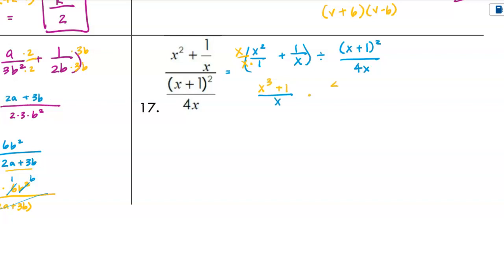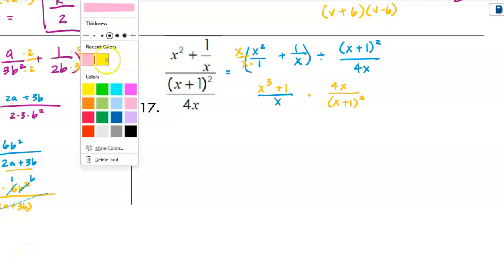Keep, change, flip for x over x plus 1 squared. Oh goodness, I have a sum of cubes again. Okay. So this is a sum of cubes, and I tried not to put any sum of cubes on here.